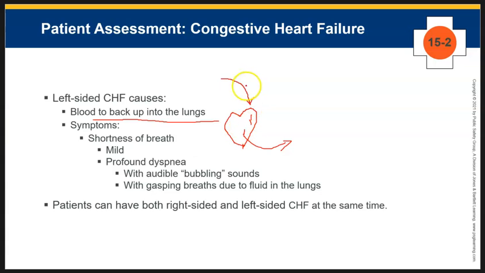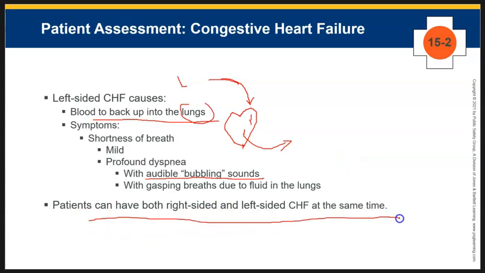So if we get a backup there, the backup is going to get traced back to where the lungs are. Consequently, what we'll see is fluid building up in the lungs, and we might hear that if we auscultate the lungs with audible bubbling sounds. Now, patients can have congestive heart failure on both sides at the same time.